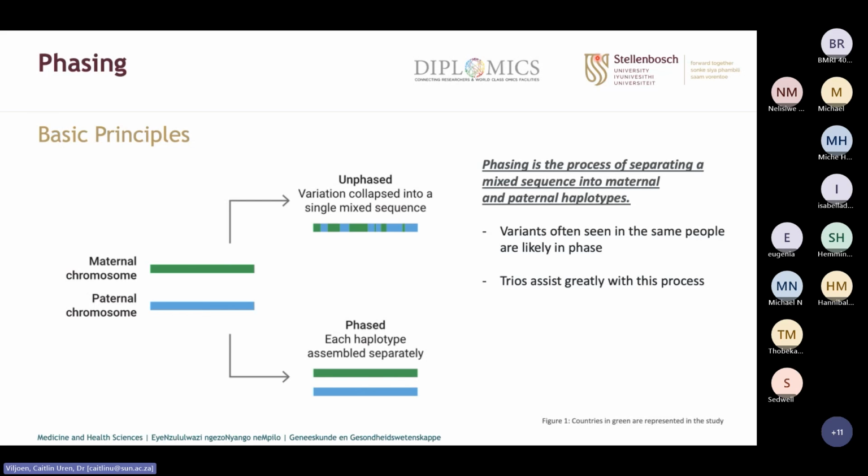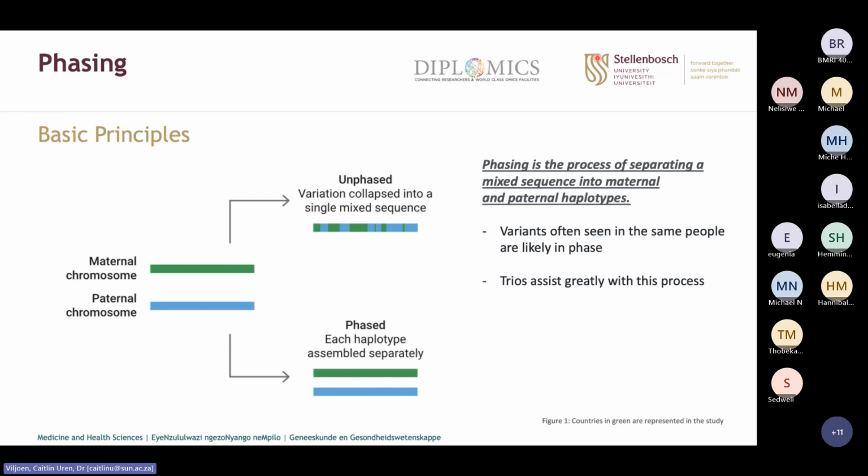You don't know whether it is from the maternal or paternal chromosome, and phasing resolves this. It will tell you from which chromosome it is, and each haplotype is then assembled separately. So phasing is the process of separating a mixed sequence into maternal and paternal haplotypes.